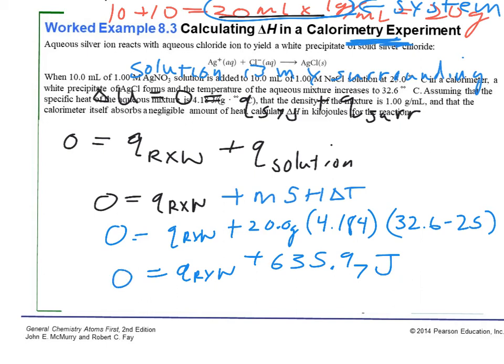Our variables on the same side of the equation as the number we need to solve for, right? So we need to subtract from both sides.